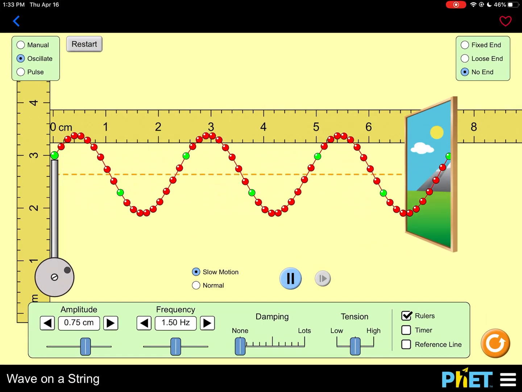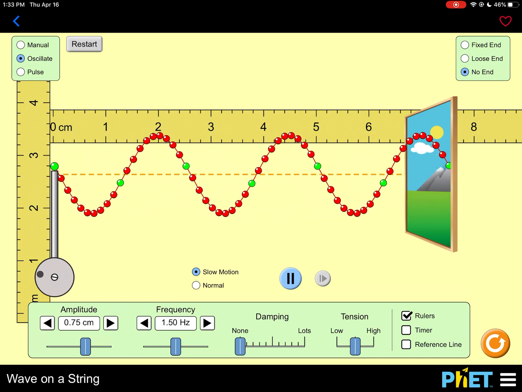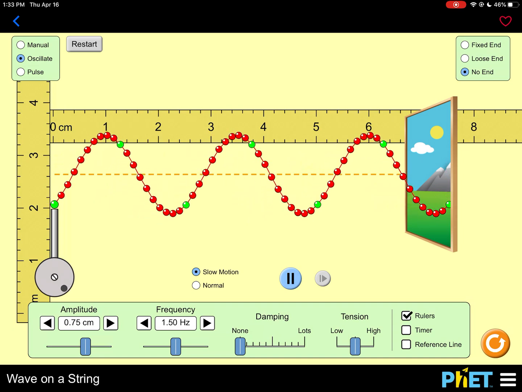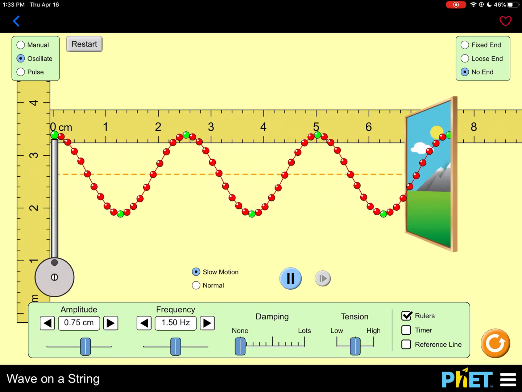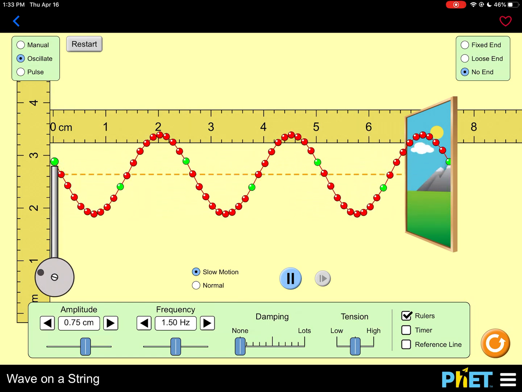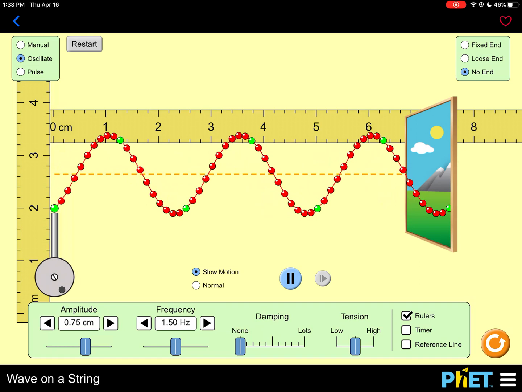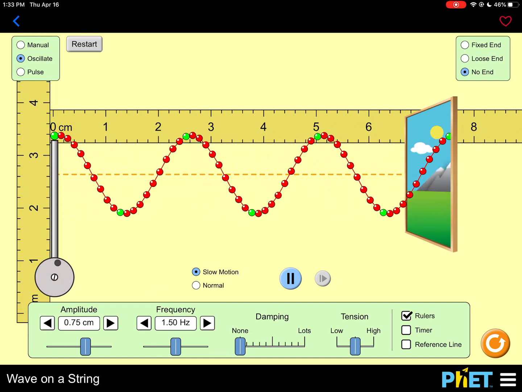Okay, the frequency is down at the bottom here. The frequency is already set at 1.5 hertz. If I want to measure the wavelength, I need to measure between 2 identical points on the wave. The easiest way to do that is measure crest to crest. So I'm going to pause the sim at the point where the oscillator, the green bead on the far left, is at a crest.